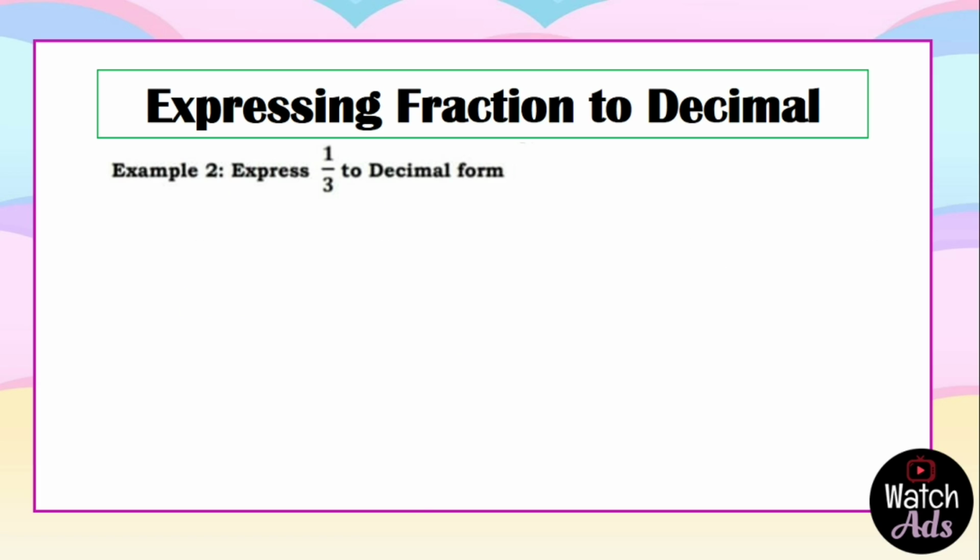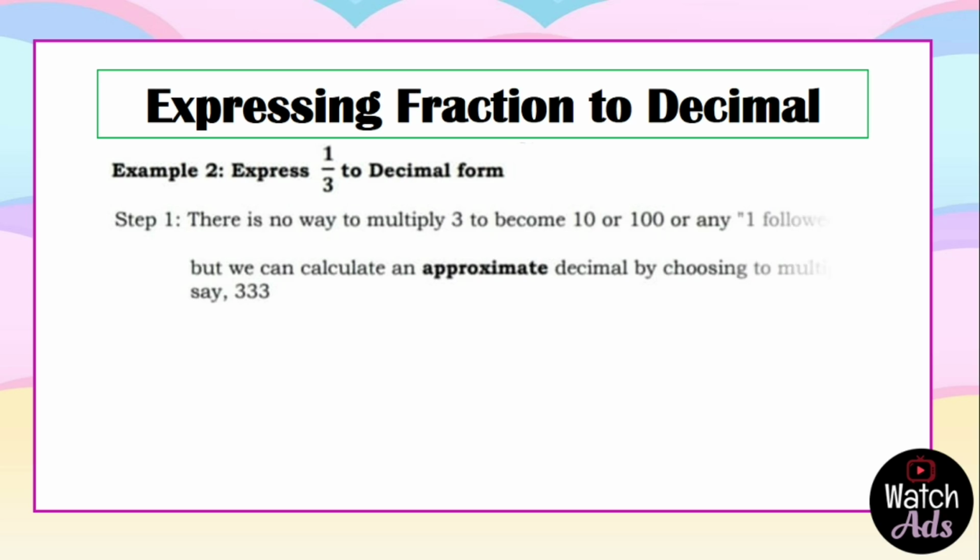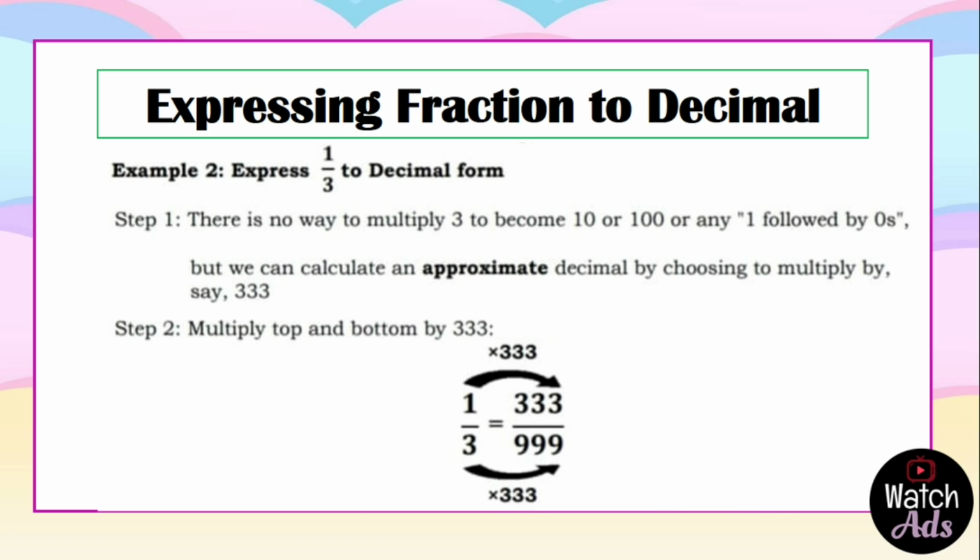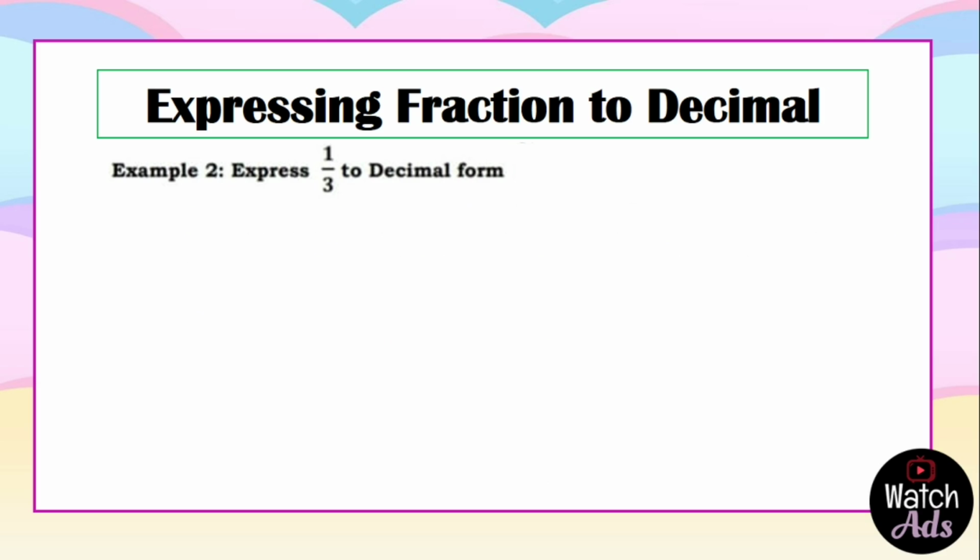Another example, expressing 1/3 to decimal form. There is no way to multiply 3 to become 10 or 100 or any one followed by zeros, but we can calculate an approximate decimal by choosing to multiply by, say, 333. Multiply the top and bottom by 333. That gives us 1/3 is equal to 333 over 999.